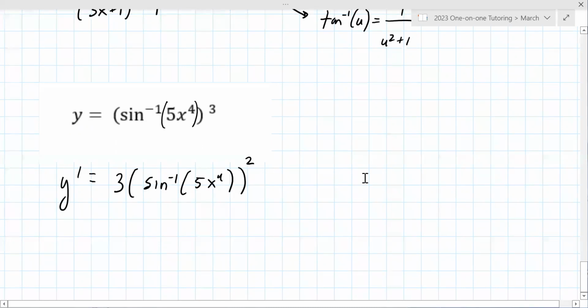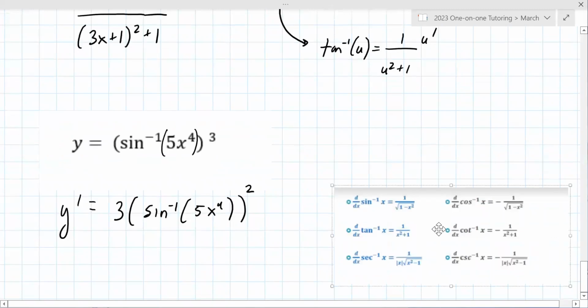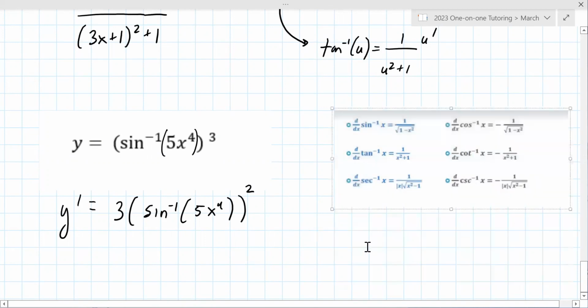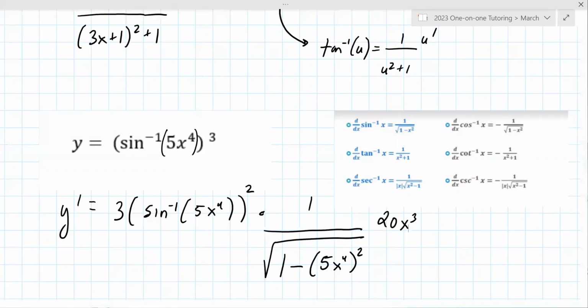The derivative of arcsine is 1 over the square root of 1 minus x squared, but that x refers to whatever's in parentheses. So it's 1 over the square root of 1 minus 5x to the fourth squared, because that's the part in there. And then you multiply by the derivative of 5x to the fourth, which is 20x cubed.